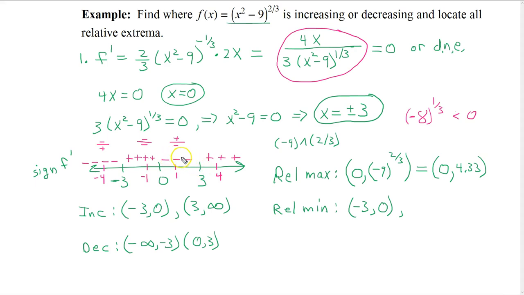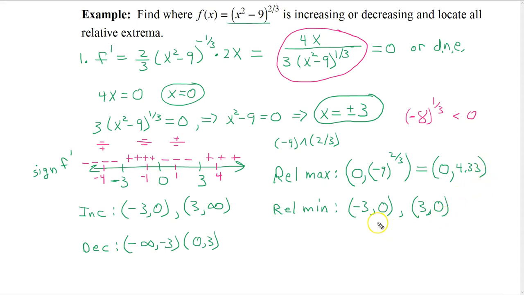Notice our function is decreasing and then increasing. So at 3, and f of 3 is also going to be 0. So here we have our relative minima. So there we've identified everything. We found where our function is increasing, decreasing, and we've identified relative extrema.